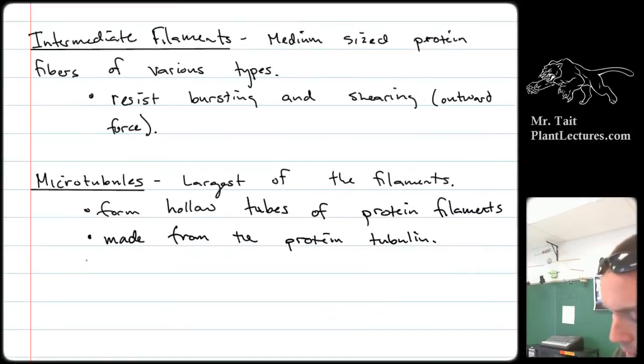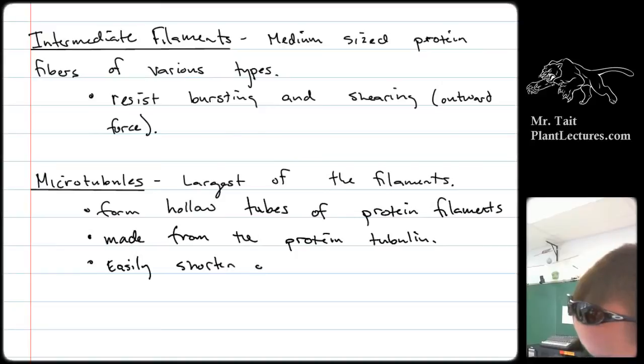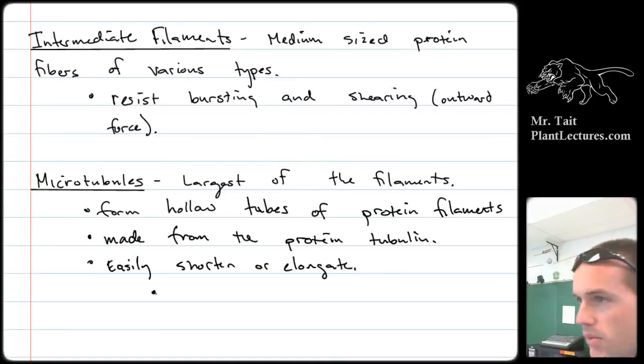Okay. One of the main things that separates them from the rest is that they can easily become shorter or longer. So they can easily shorten or elongate. And that's controlled by what we call microtubule control centers.